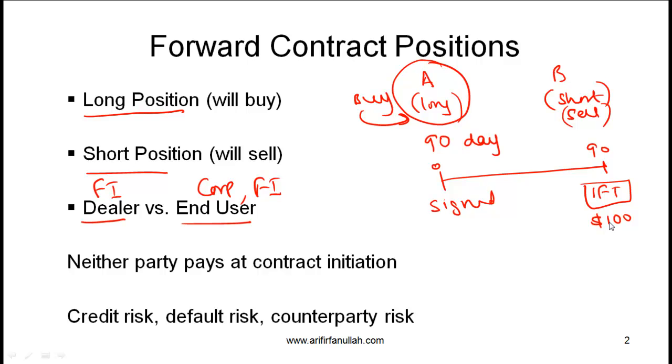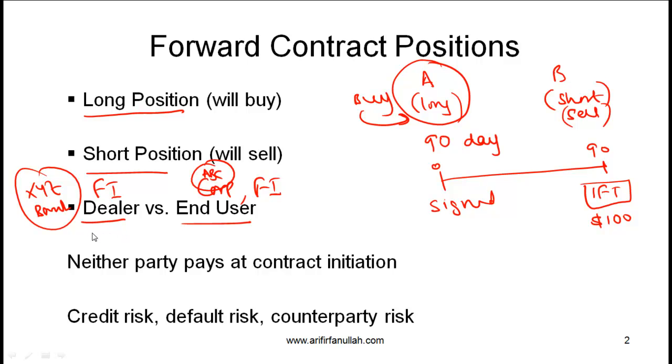To mitigate that risk, the end user, let's say ABC Corp, gets into a forward contract with a dealer, let's say XYZ Bank. ABC gets into a long position here, and the bank, acting as a dealer, gets into a short position. So in simple terms, dealers are entities that actually deal in forward contracts.